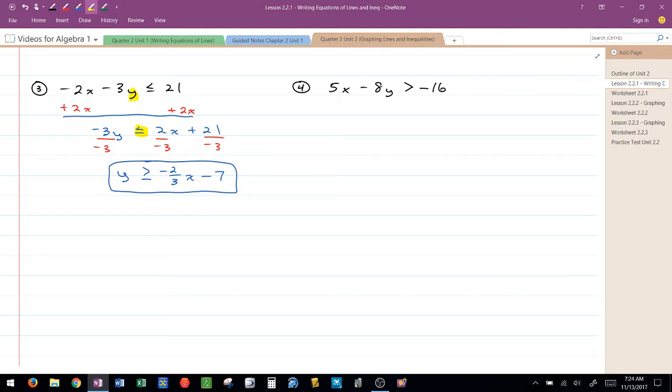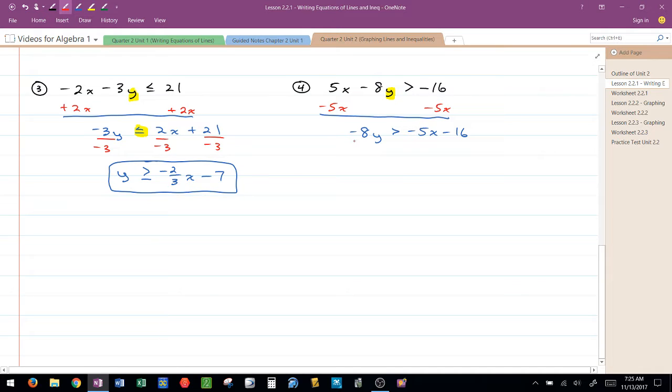Okay, last example here. Got to solve for that y. I've got to move the 5x. 5x is positive, so I'm going to subtract 5x to move it. That takes me to a new scenario where I have negative 8y. Don't forget that negative. It is greater than negative 5x minus 16.